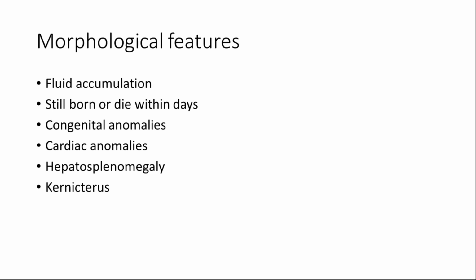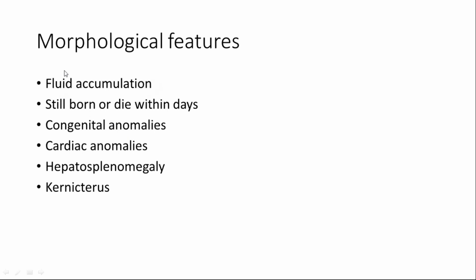So what are the morphological features? Mostly the fetus will be either stillborn or die within a few days after delivery. There will be fluid accumulation, that is edema of the entire subcutaneous tissue, even organs and cavities: ascites, pleural effusion, pericardial effusion.